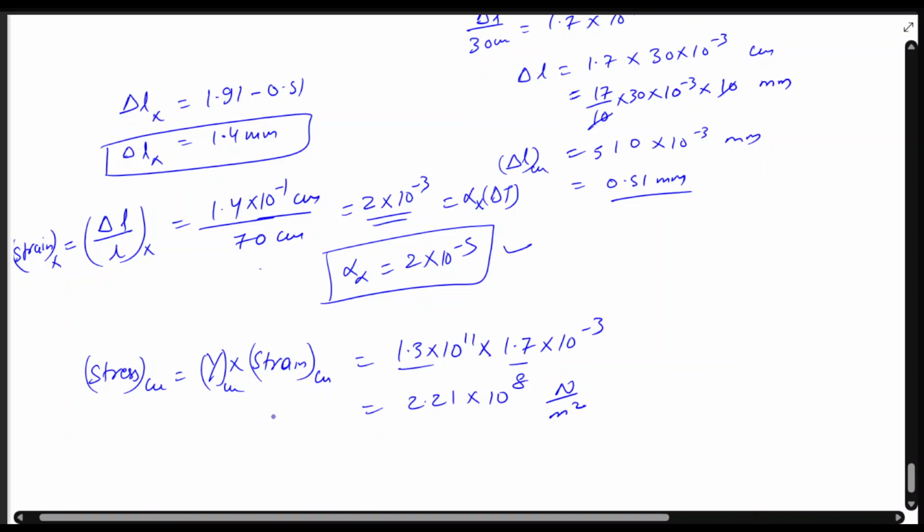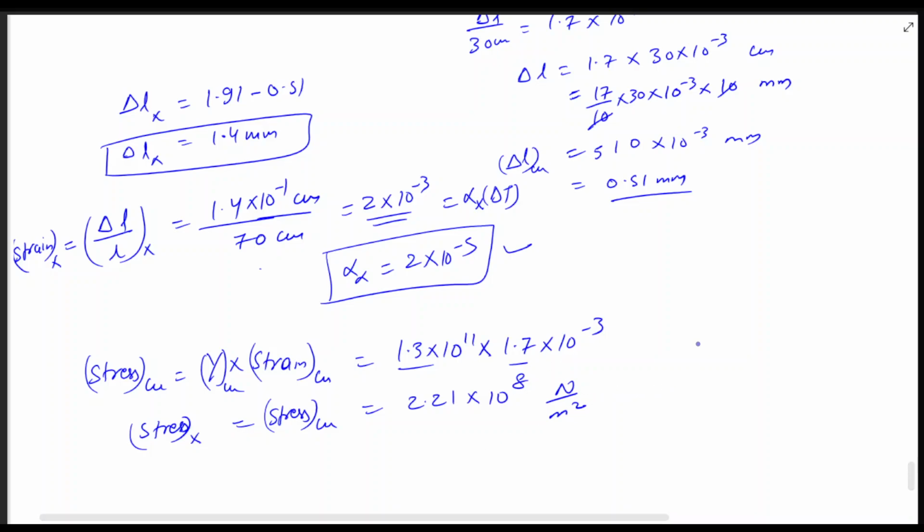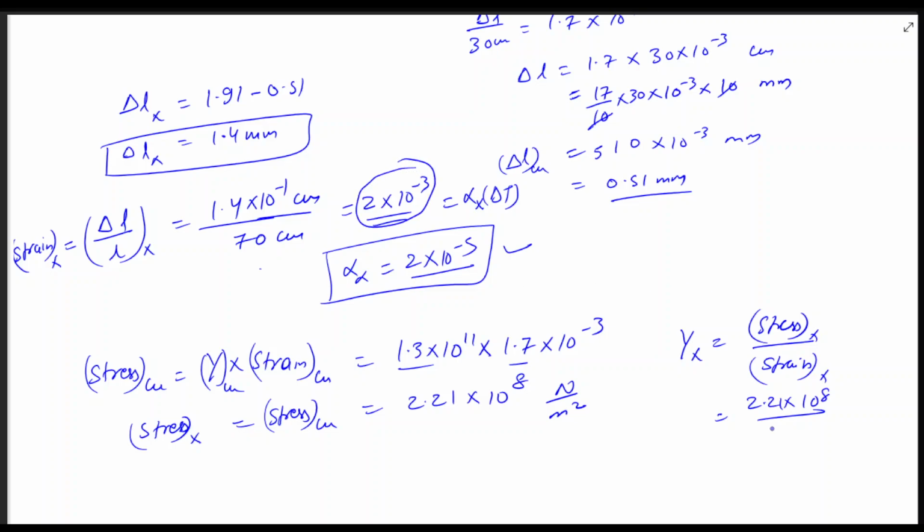This is the stress of copper, which will be equal to the stress of X. So the Young's modulus of X will be stress of X upon strain of X. Stress of X is 2.21 into 10 raised to power 8, divided by the strain of X, which was 2 into 10 raised to power minus 3.